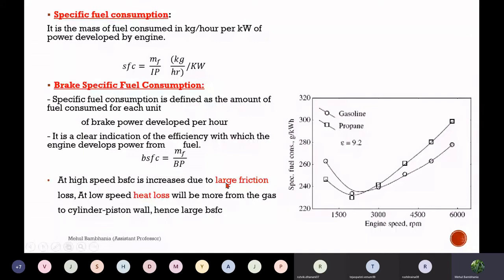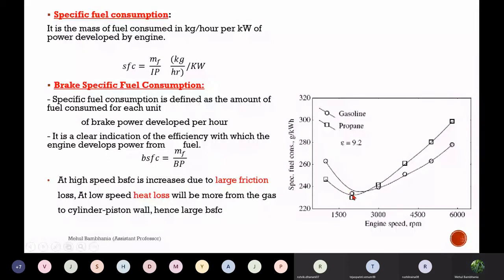So at the lower speed, you are not able to generate sufficient energy to overcome that friction. That's why you require more fuel. So that is the reason at lower vehicle velocity, it consumes more fuel, and mileage suffers. But at a certain speed range, it will overcome that and your mileage will improve.